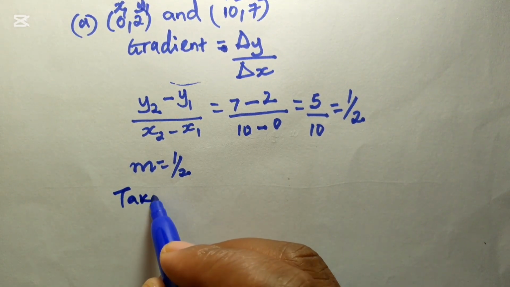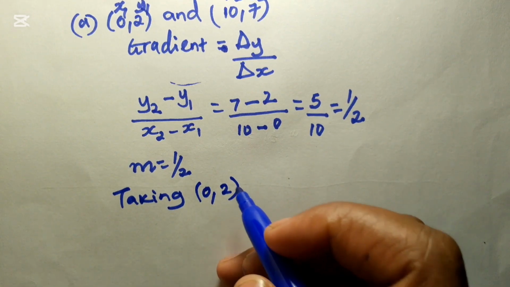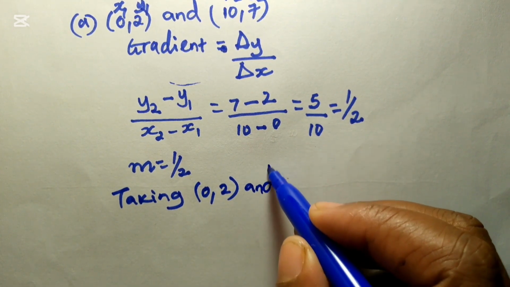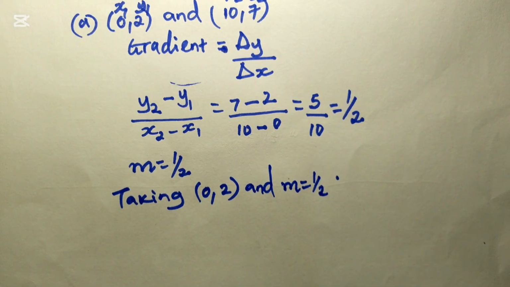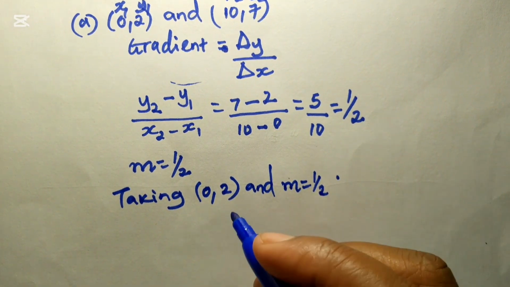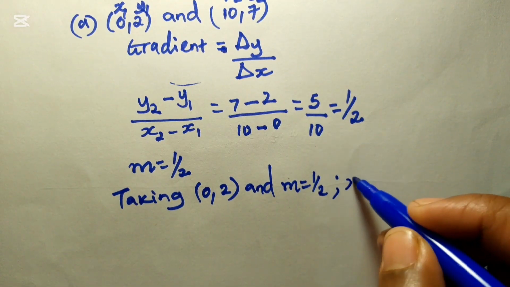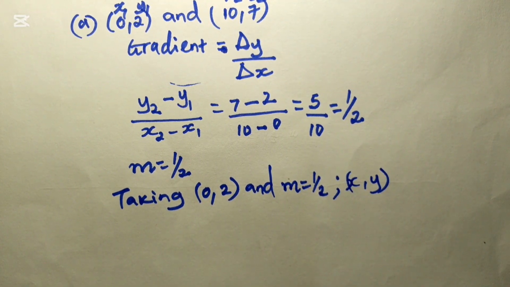Taking (0, 2) and the gradient 1 over 2, we also take an unknown point (x, y).